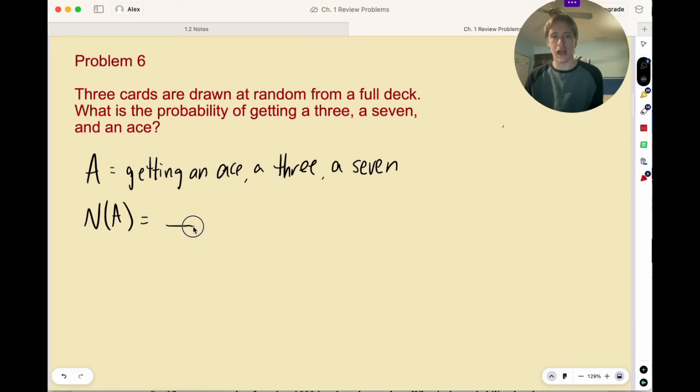Well, how many different ways are there to draw an ace? 4. So this is the number of ways to draw an ace. How many ways are there to draw a 3? Again, there are 4 cards. And how many ways are there to draw a 7? Again, 4 cards. So by theorem 1.3, we can multiply those together to get 4 cubed.